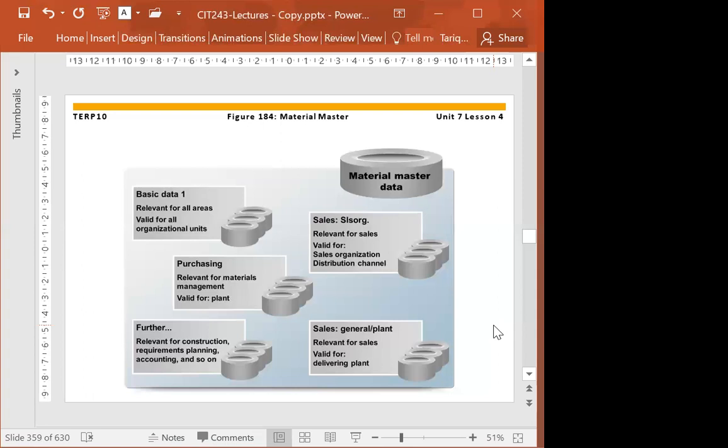I want everybody to let me know what data we are entering for material master and why it is necessary. I'm expecting an answer from everybody.